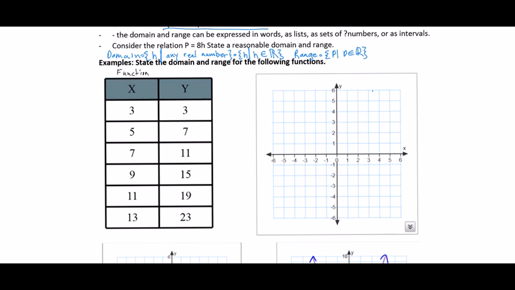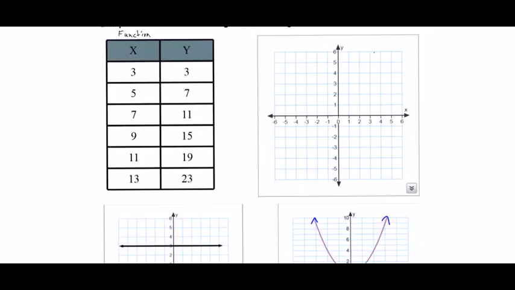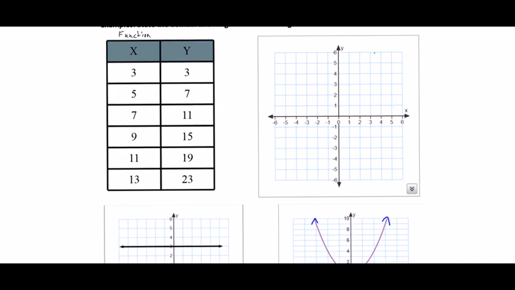The next thing we have to do is look at the domain of a table, which is a list of all the x values that are in the table. And this is how you would write it. For this problem, the domain is just going to be a list of numbers, the numbers of x.